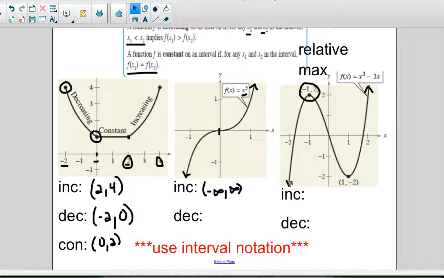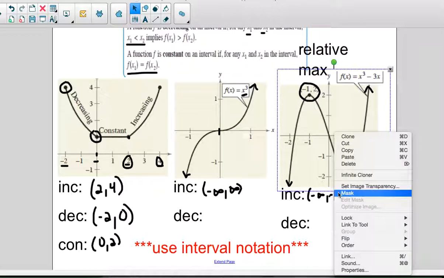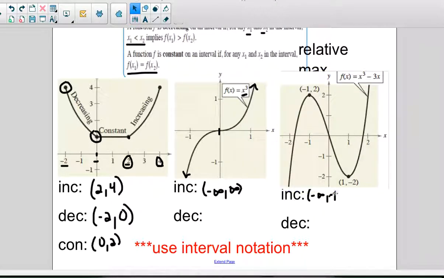So this one's increasing from negative infinity, because there's an arrow, to -1, because we just used the x-coordinates. But there's also another section of increasing, which is right here after the relative minimum.